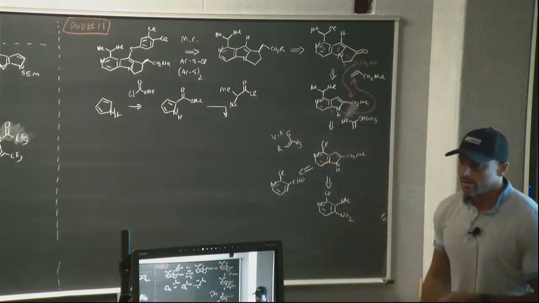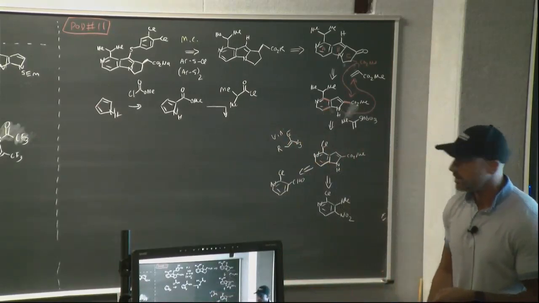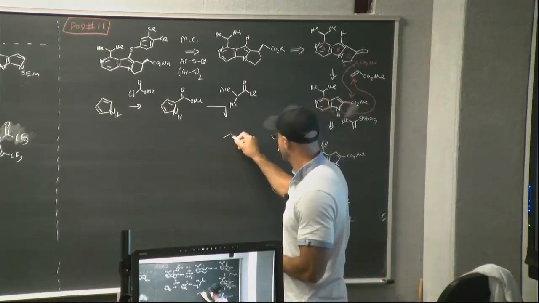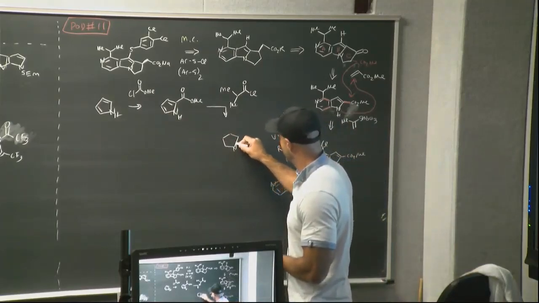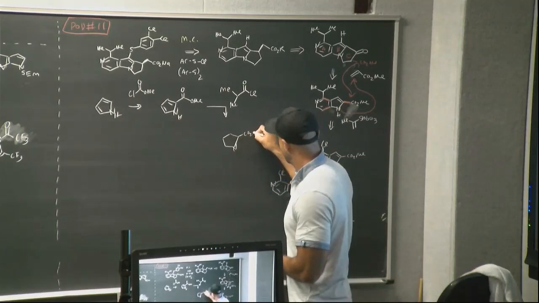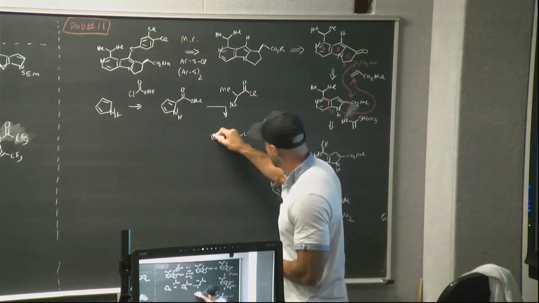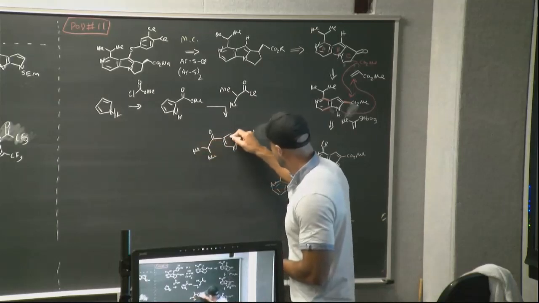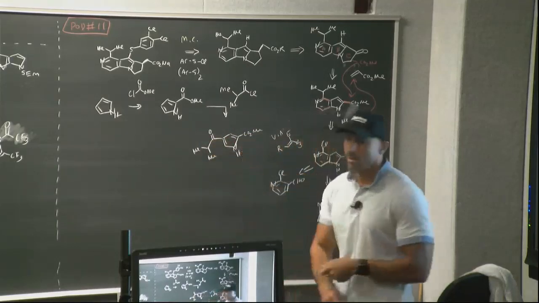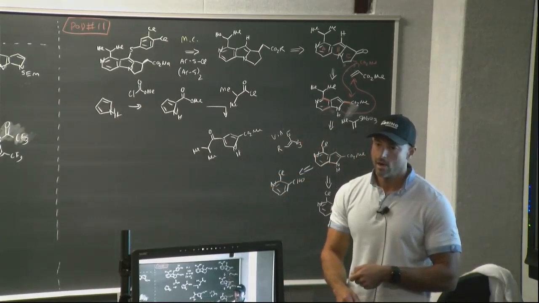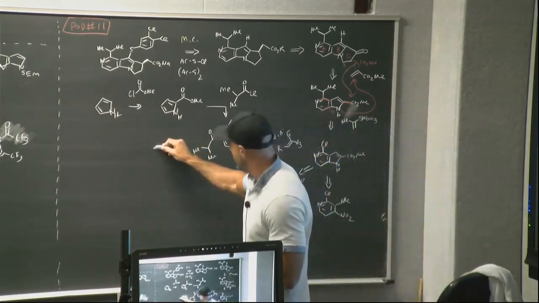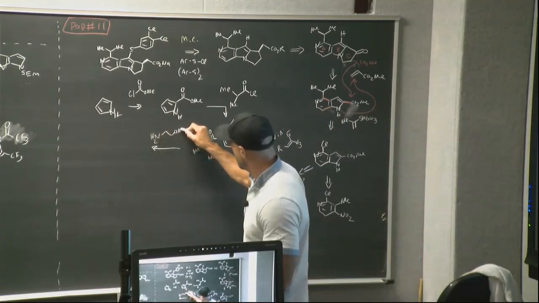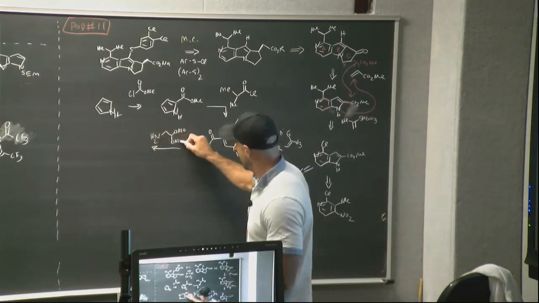Isobutyryl chloride, pretty cheap. Friedel-Crafts is going to go, we already learned in one of the lectures. Right here. And then our last bond can be forged just by dumping in that.